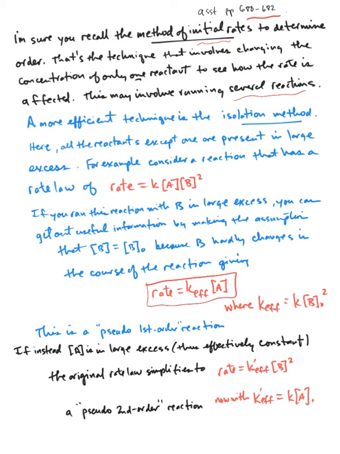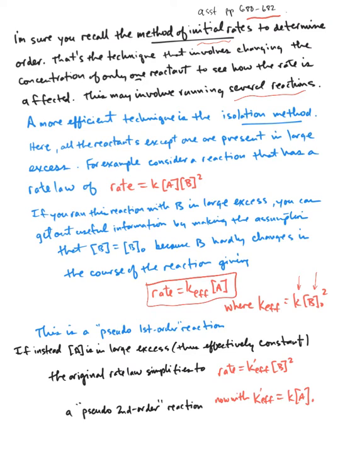Here I have first order, so you'd see a linear relationship, for example, between the natural log of concentration and time. The rate constant, though, that you would get from the slope is really equal to the actual rate constant times that original concentration of B squared.